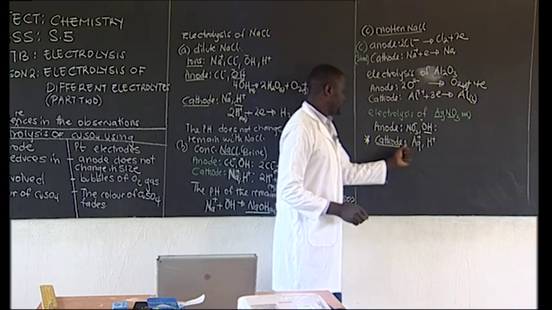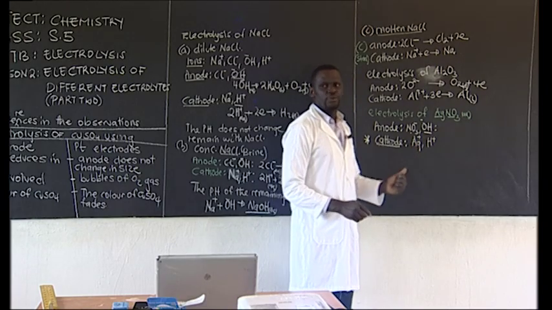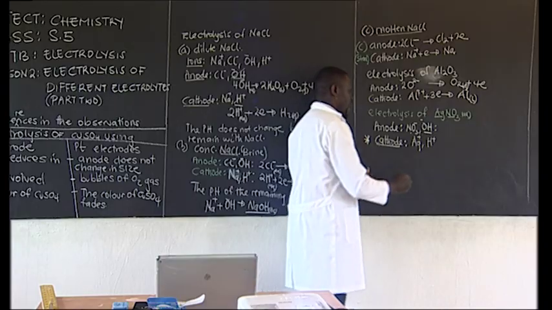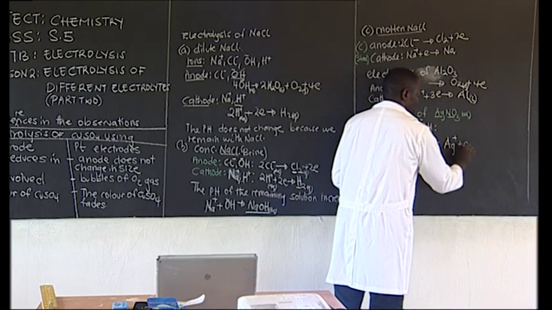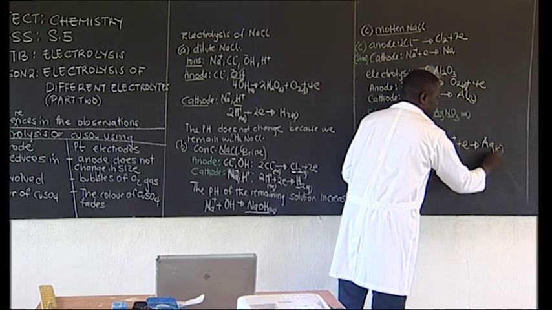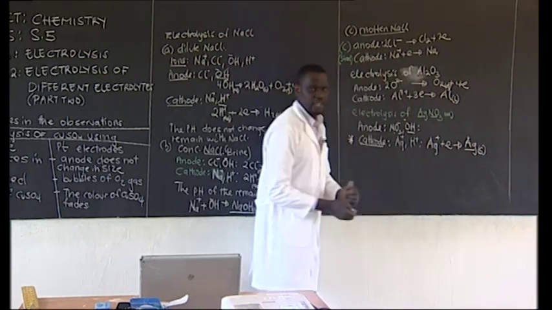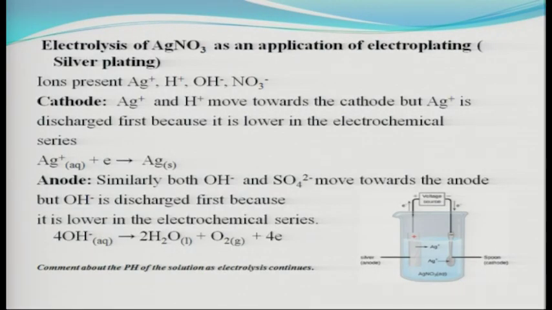So here there is competition between silver and hydrogen, but silver is lower in the electrochemical series. So we shall have here silver plus an electron, and silver will be deposited. If it is a spoon like you see on your screen, the spoon will be covered with silver metal.